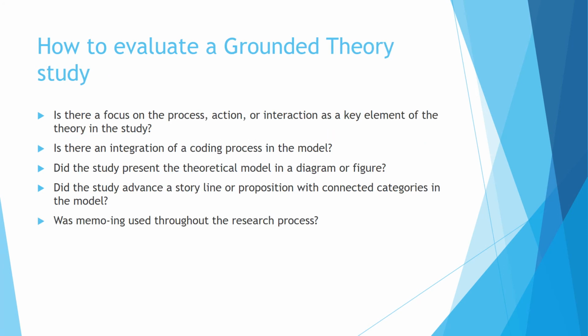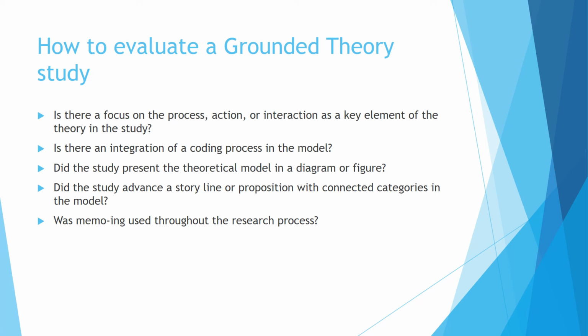When evaluating a grounded theory dissertation, you should be able to answer these questions. Is there a focus on the process, action, or interaction that's a key element of your theory in the study? Was there an integration of the coding process in the model that you used? Did your study present the theoretical model in a diagram or figure?